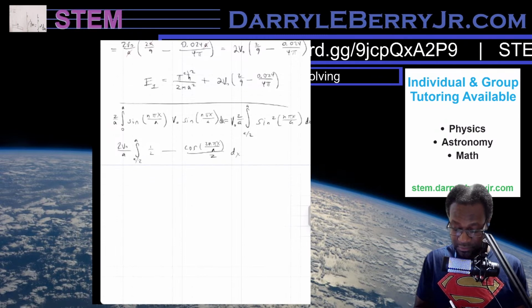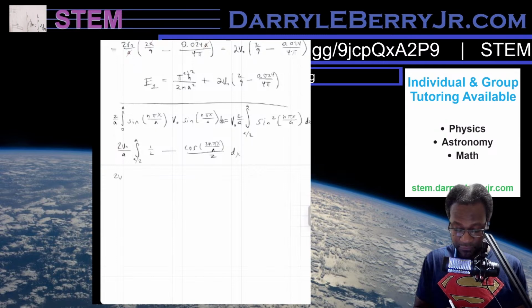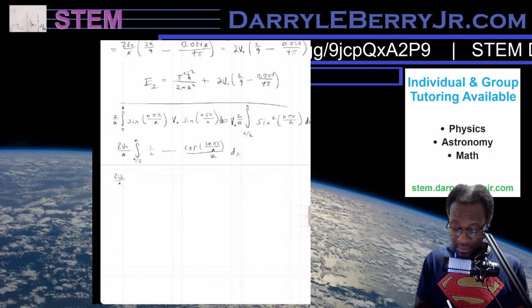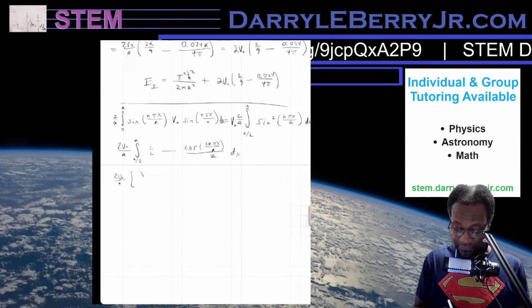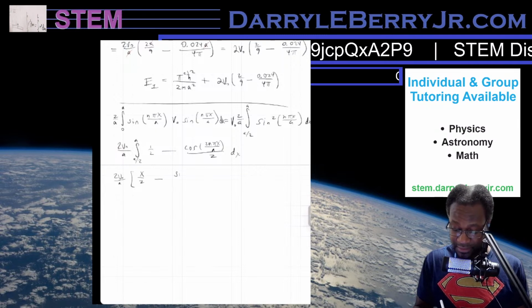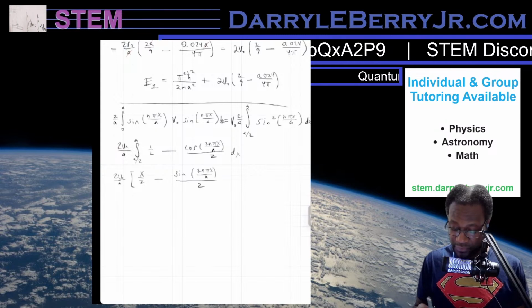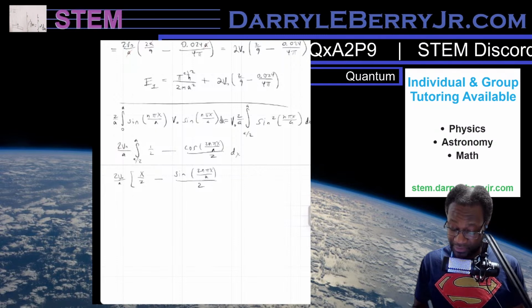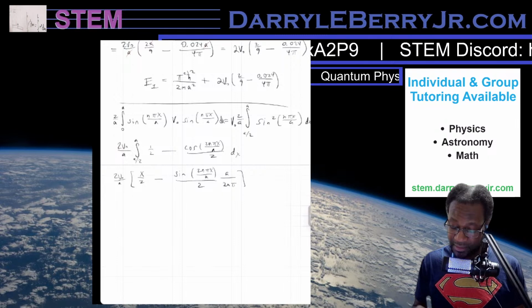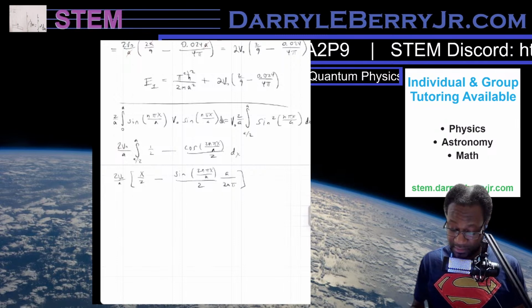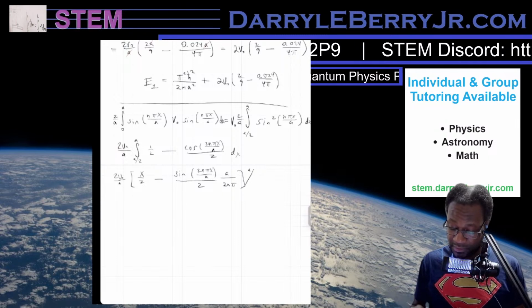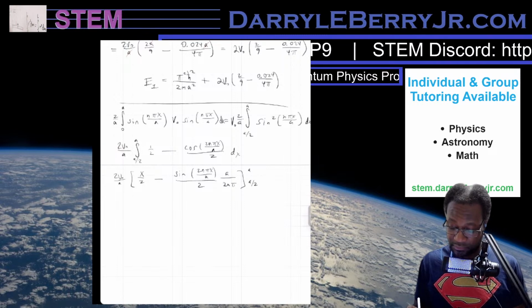So if I take this integral, we have 2 V naught over a. We have x over 2 minus sine 2 n pi x over a, over 2, divided by the derivative of that. So that's a over 2 n pi, and a over 2.